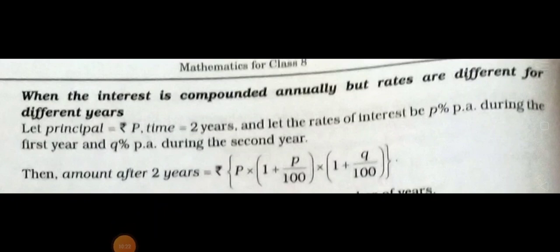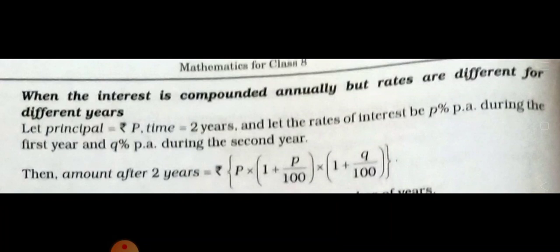So here comes the formula. When the interest is compounded annually but the rates are different for different years, the formula for calculating the amount is, here you can see, let the principal be P, time is 2 years, and let the rate be P% during the first year and Q% for the second year. So the amount after 2 years will be P into 1 plus P by 100 into 1 plus Q by 100.